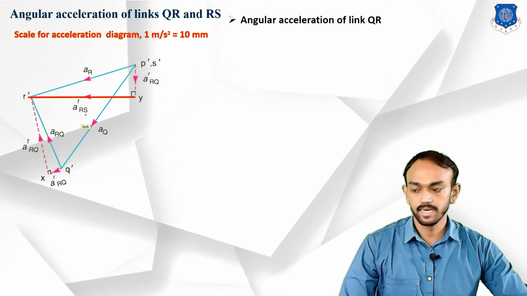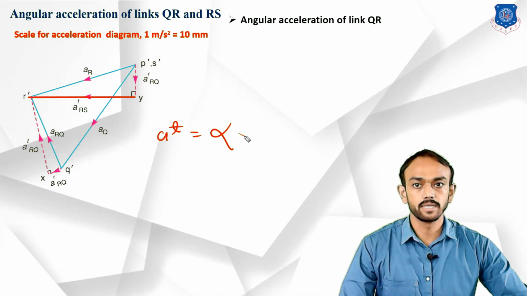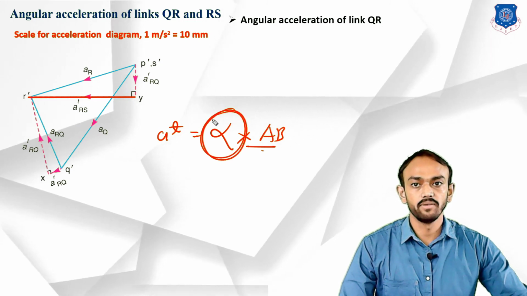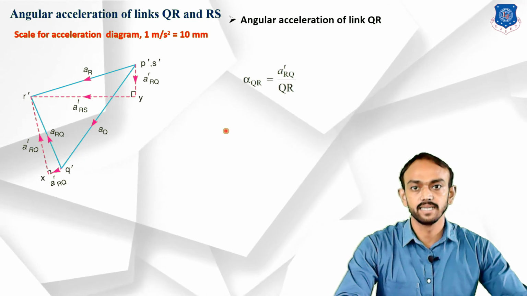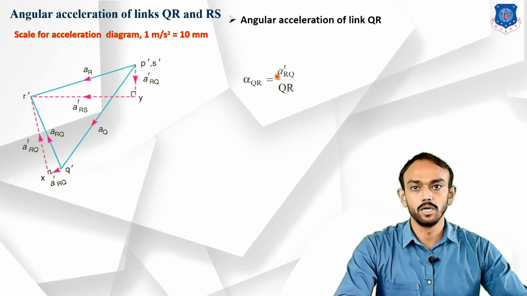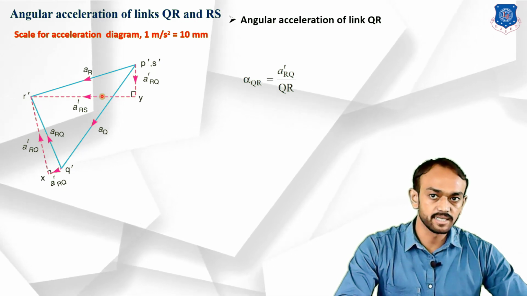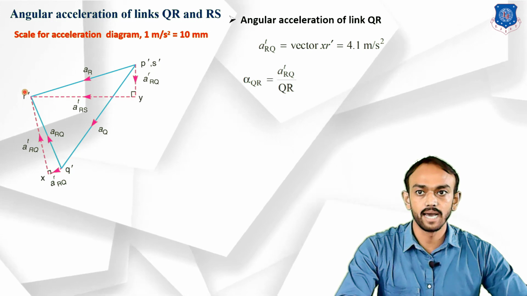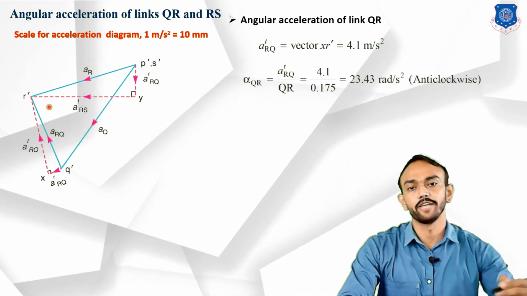As you know, the tangential component is equal to angular acceleration times the length of the link, so from this we will find alpha. Alpha is equal to the tangential component divided by QR. We will measure this R dash Y here, or you can check X R dash here, and you will find the value of angular acceleration.